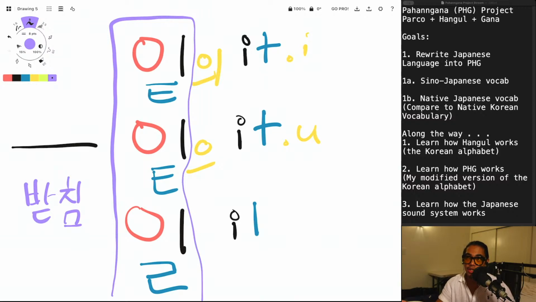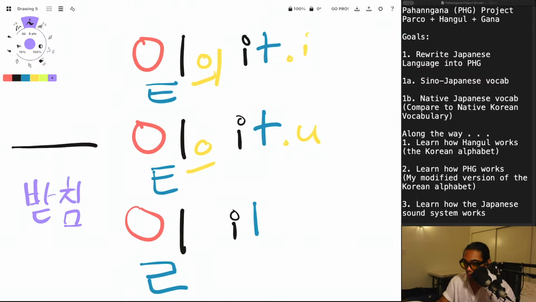That shouldn't come as a surprise, because they are from the Chinese character for one. So we have il in Korean, but the way that Japanese people pronounce it is ichi, itsu. The core foundational form is this it.